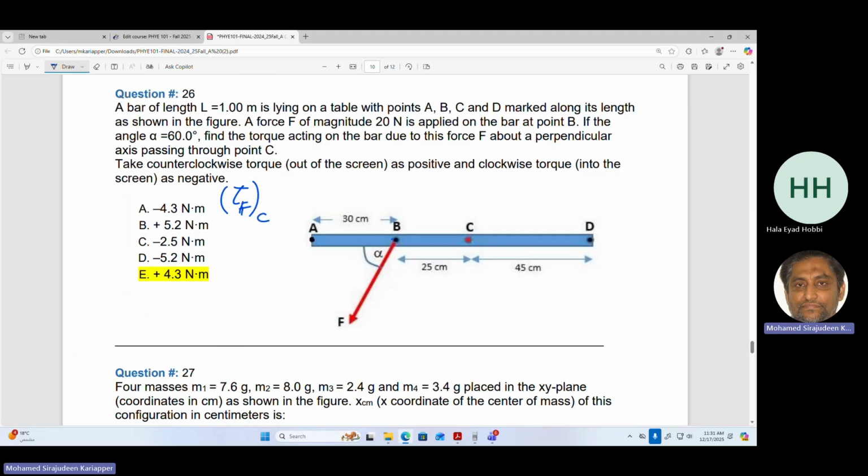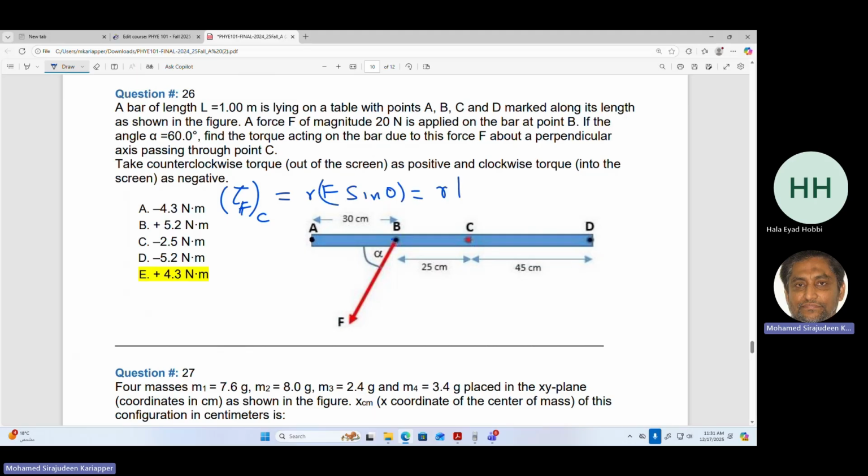Torque from the force F about the point C. If you don't specify the rotation axis through which you want the torque, you cannot answer the question, okay? That is very important. Now we've got everything. So you know the torque is given by R F sine theta. What is F sine theta?